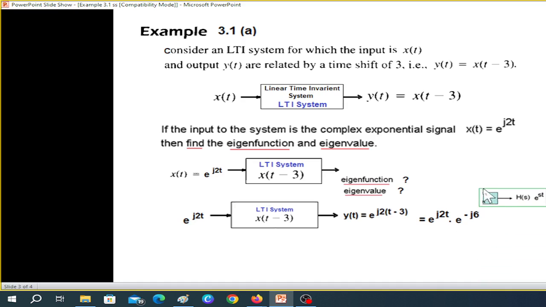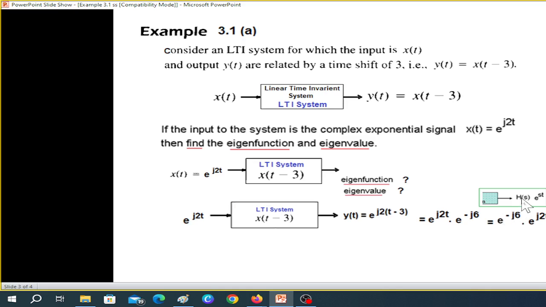Now in the definition we had seen that it is preferably written as H(s)e^st. In our case, this is e^st or the input, so we'll write it in this manner. So e^st, or e^(j2t), we are writing at the end, and this is coming early.